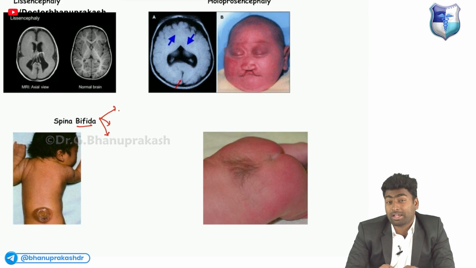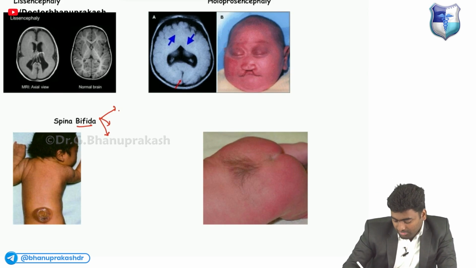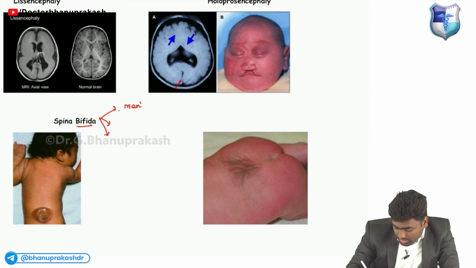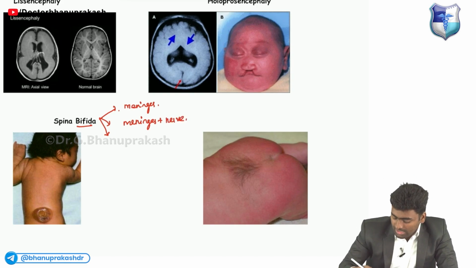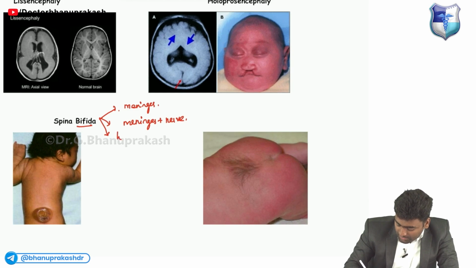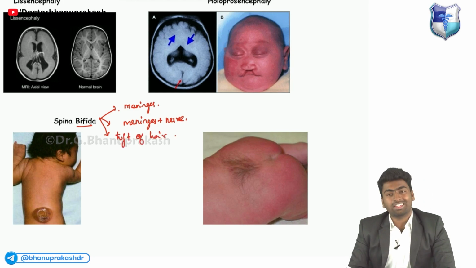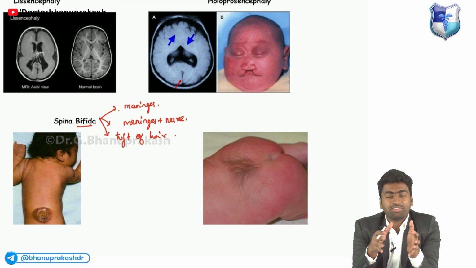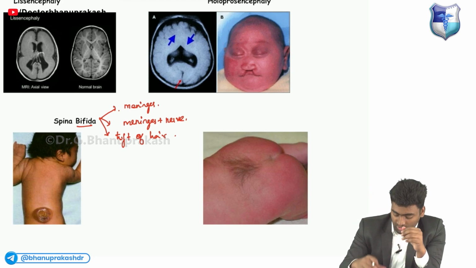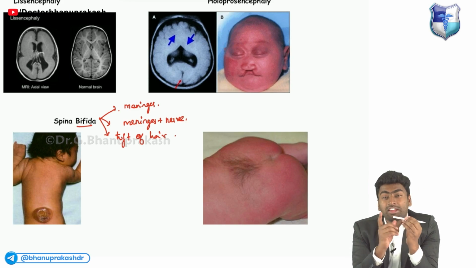It will consist either of just the meninges, or the meninges along with nerves or spinal cord derivatives, or just a tuft of hair. So these are the three subdivisions spina bifida has. If there is any failure of closure of the posterior neuropore at the 28th day, it will result in spina bifida.